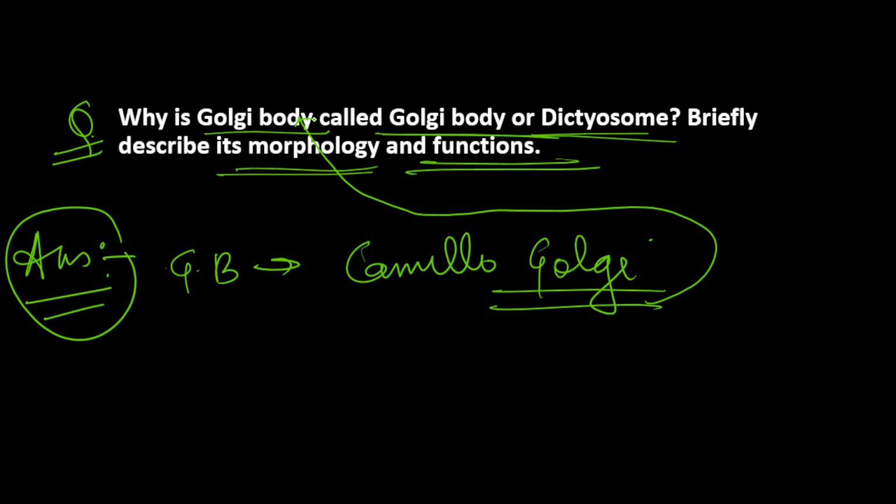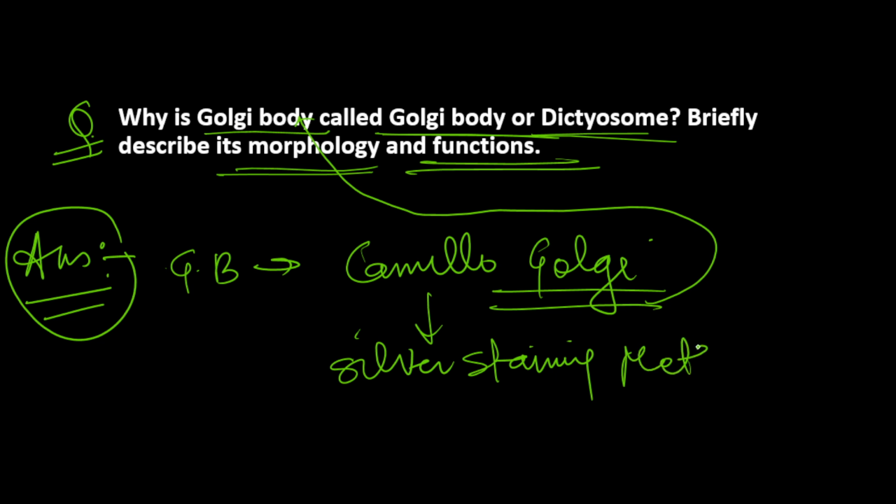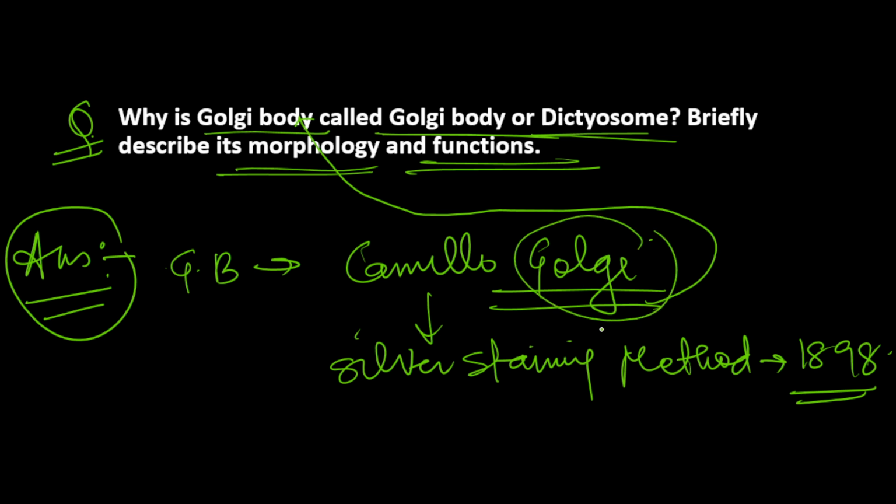He discovered it using the silver staining method in 1898. You can explain this a little bit, but the basic core answer is that it is known as Golgi body because it was discovered by an Italian scientist known as Camillo Golgi.